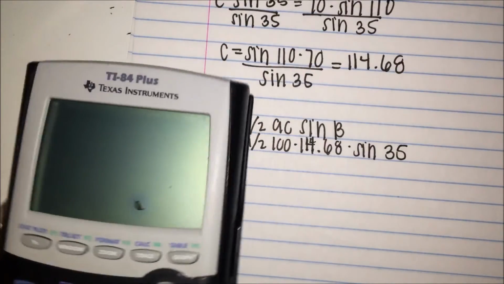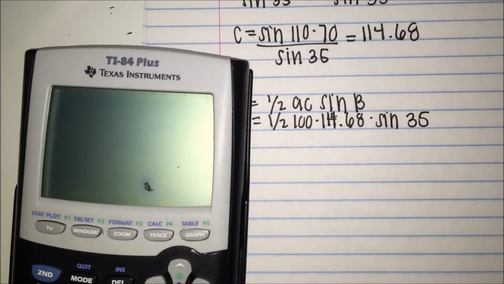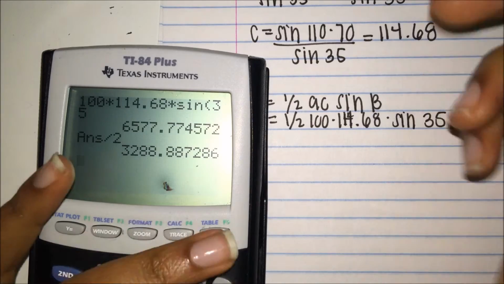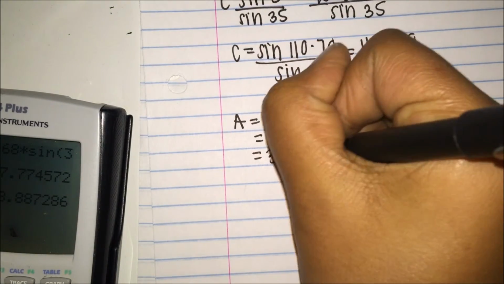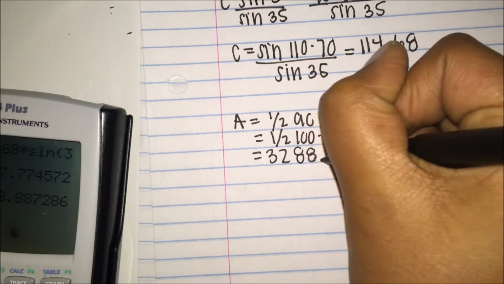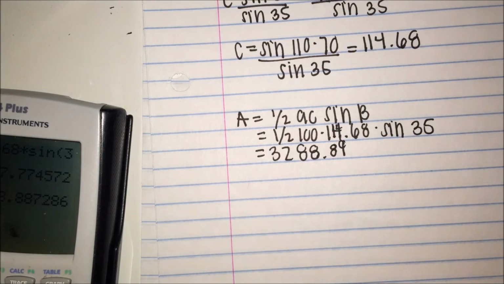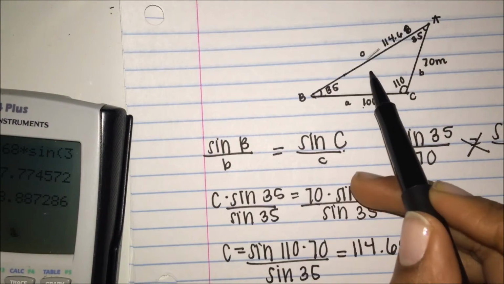So again, plug that into our calculator: 114.68 times sine of 35 divided by 2, or times one half, either way. You get 3288.89. So the area is equal to 3288.89. So that's the area of just this triangle.